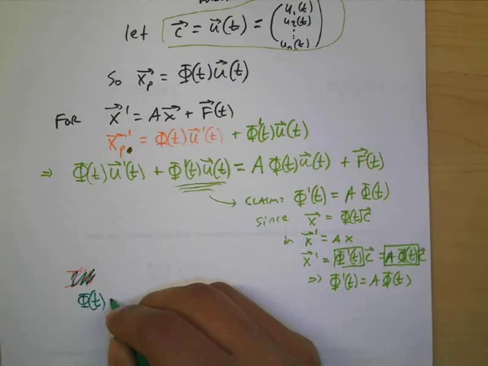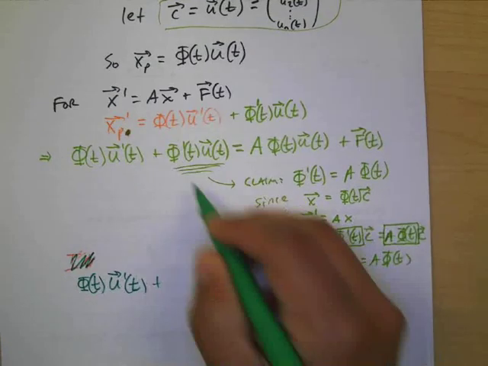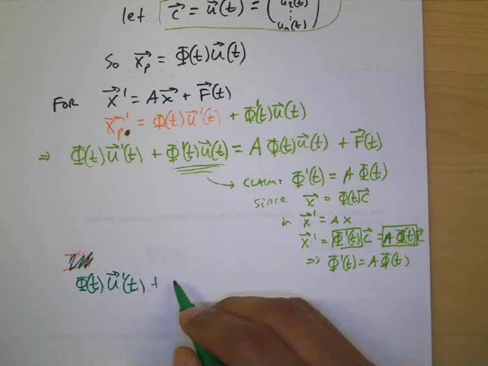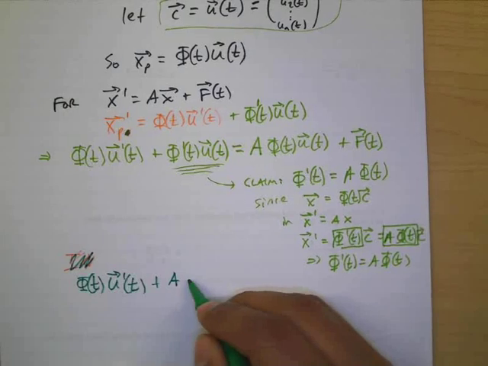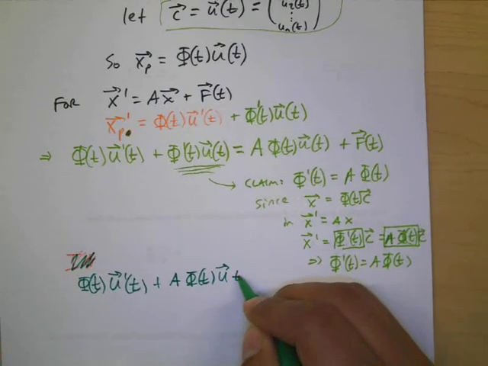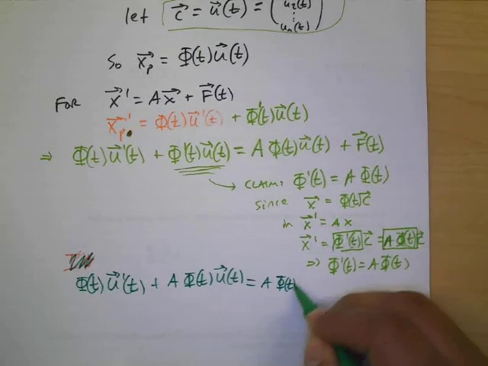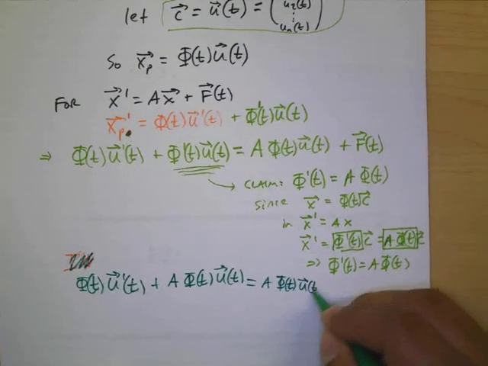If I go up here and replace phi prime of t with A times phi of t times u of t, and again that equals A phi of t u of t plus f of t.